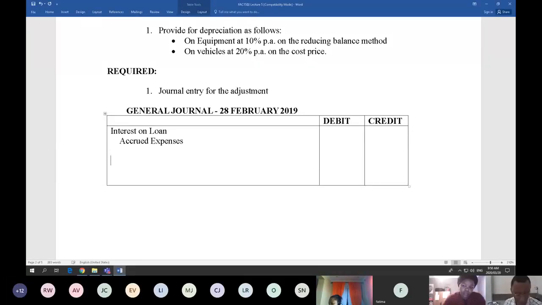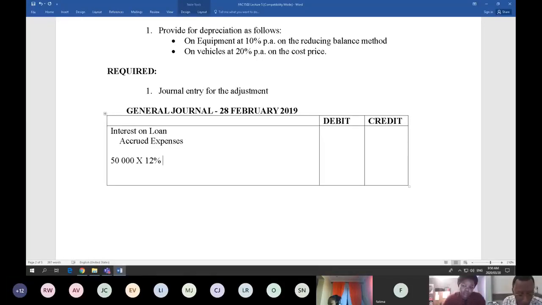What is the amount of interest on loan that we are supposed to pay? Remember now, we have got a 50,000 Rand loan. The interest that we must pay is 12%. You will get that information in your trial balance.